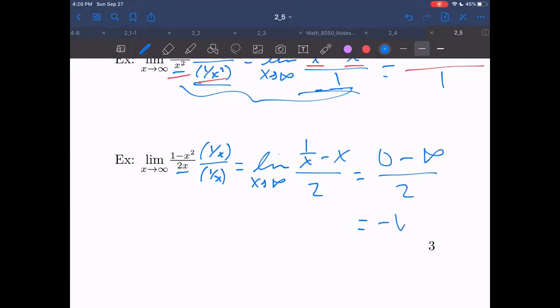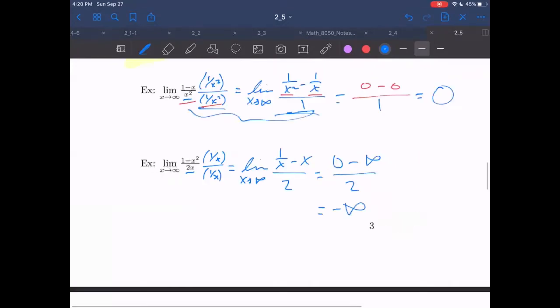So that's going to end up being negative infinity. Because if we've got 0 and we're subtracting infinity, some really big number, that's going to be negative. And if we've got infinity and we divide that by 2, it's still going to be an infinite number.